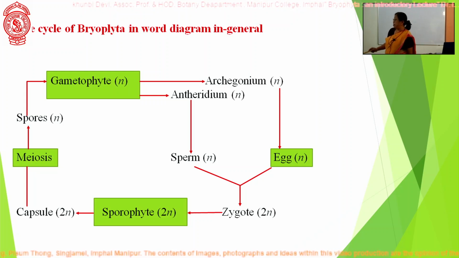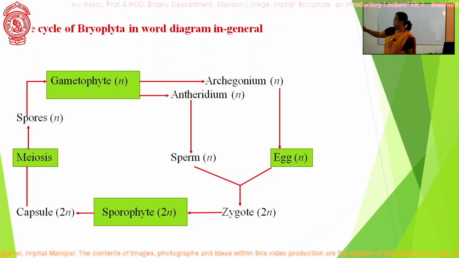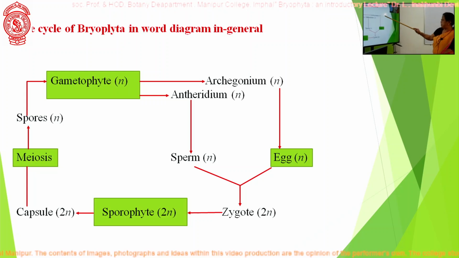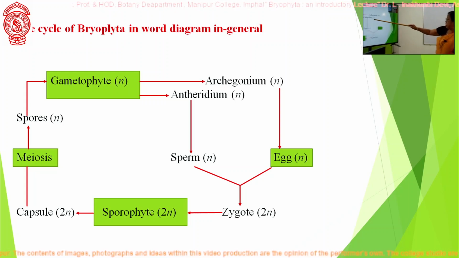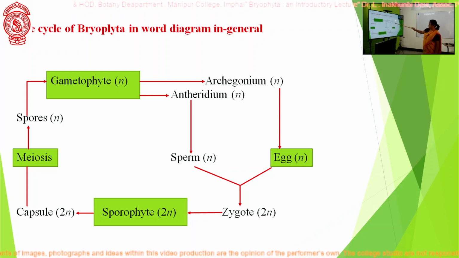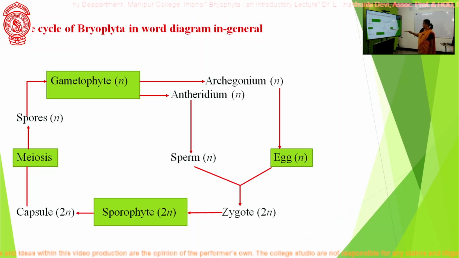The gametophytic plant body is represented by the haploid number of chromosomes, and when matured it will give rise to the archegonium, the female reproductive unit containing the haploid number of chromosomes, and the antheridium, the male reproductive unit, which also has the haploid number of chromosomes. From the archegonium it will give the egg, and from the antheridium the sperm, and by fusion of this sperm and the egg, each haploid, it will give rise to the zygote.